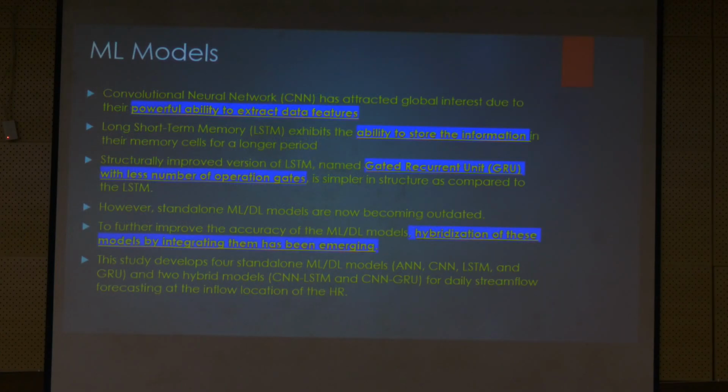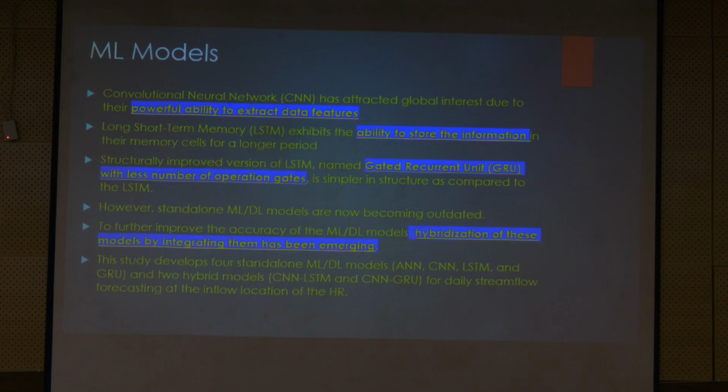This is again basics, you all probably know this, so I am just repeating this. Convolutional neural network has attracted global attention because it is able to replicate the data features if you just use CNN. But then LSTM, long short term memory, exhibits the ability to store information in its memory cells for a longer period.